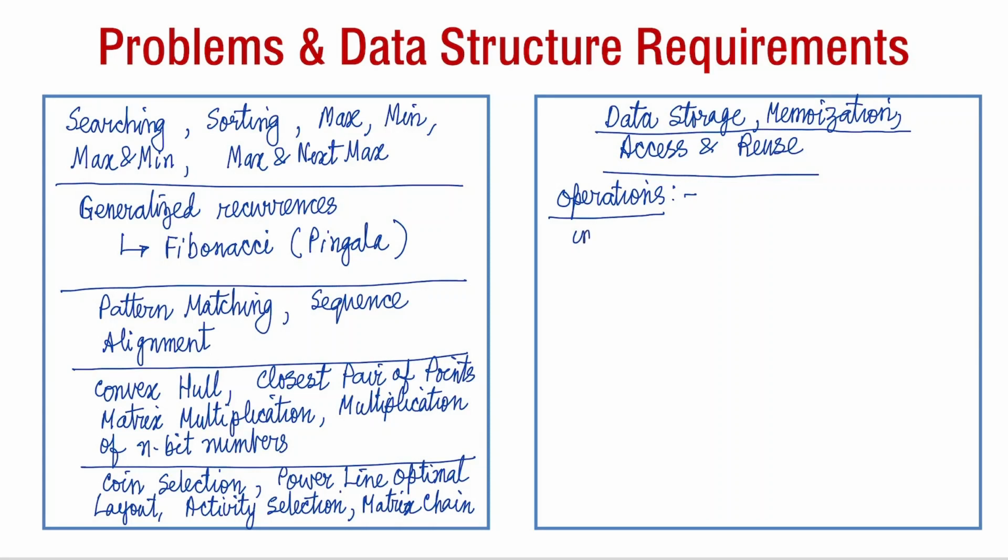These included insert, delete, find. These were the fundamental operations. In addition to that, we had max, min. In case the key elements could be ordered by some ordering quantity, then we wanted to find the maximum, the minimum.